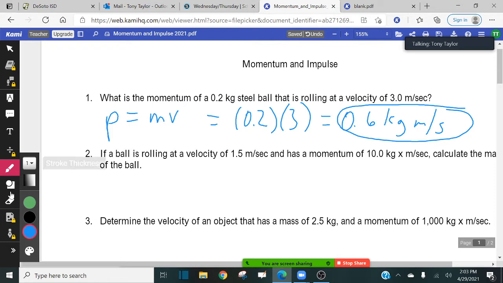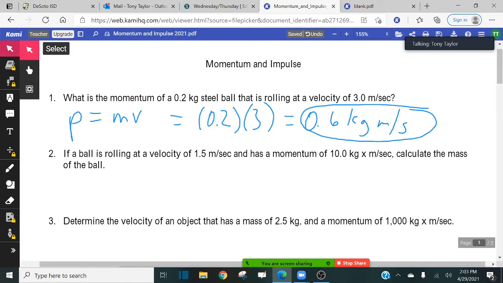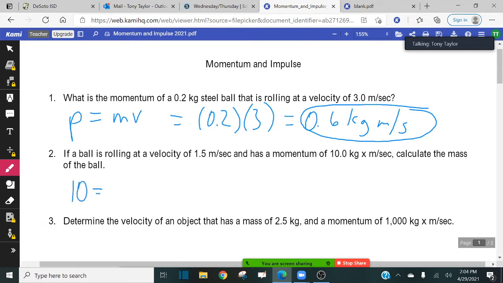Please be sure you recognize your units, because on that assignment, there will be questions where you have to get your units right. Number 2 says, if a ball is rolling at a velocity of 1.5 meters per second and has a momentum of 10 kilogram meters per second, calculate the mass of the ball. Let's just plug everything into our equation. Momentum is mass times velocity. Momentum is 10, we're trying to find the mass, and they tell us our velocity is 1.5.